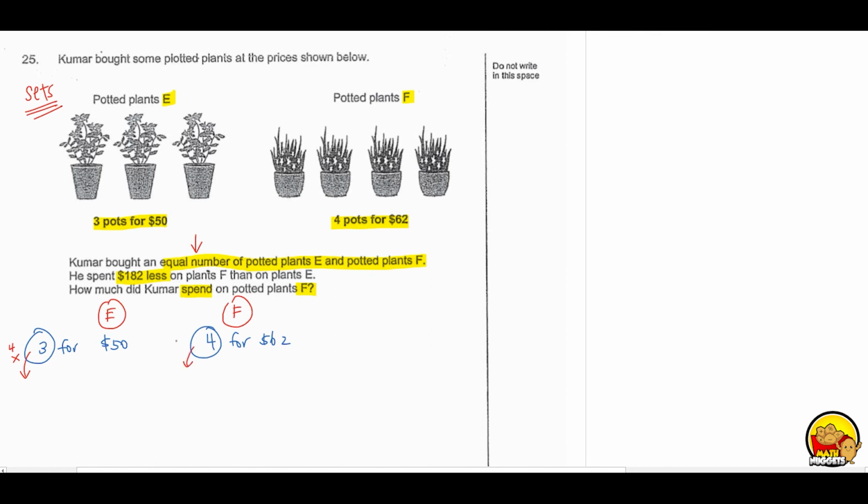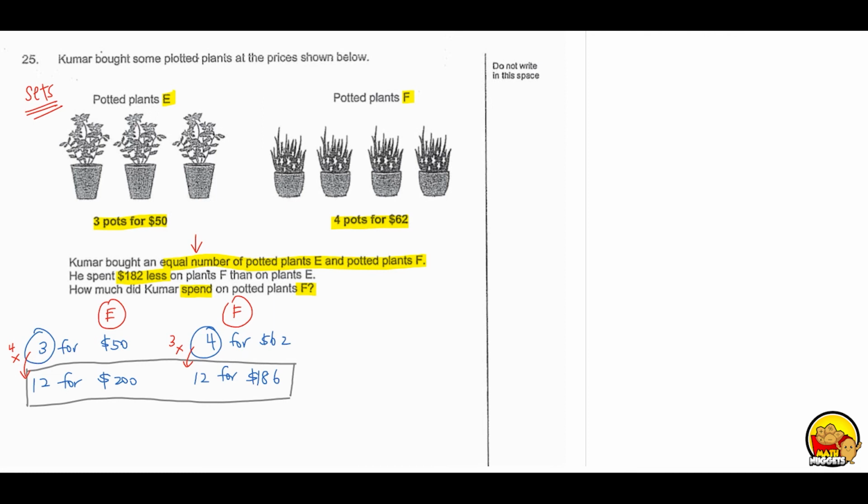And for plant F would be 3 sets of 4. So this would be 12 for $200, and this is 12 for $186. Now, this is one set where he has equal quantity of both E and F.